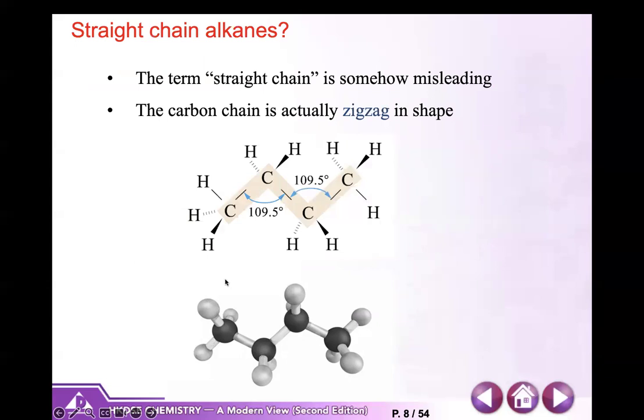They are not really a straight line, but we always say that this is still a straight chain. Due to the bonding angle, they have to twist to 109.5 degrees, so they will never show a straight line. So although we say straight chain, it doesn't mean that it's planar or follows a straight line shape.